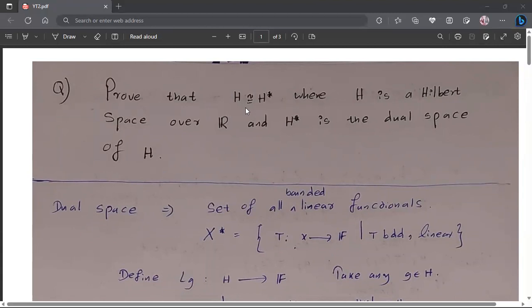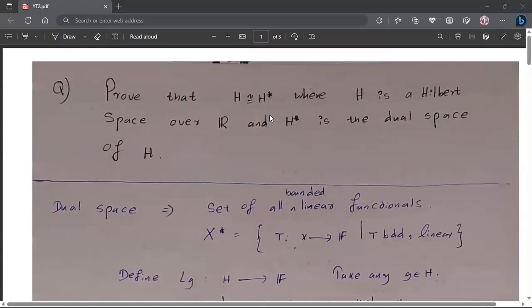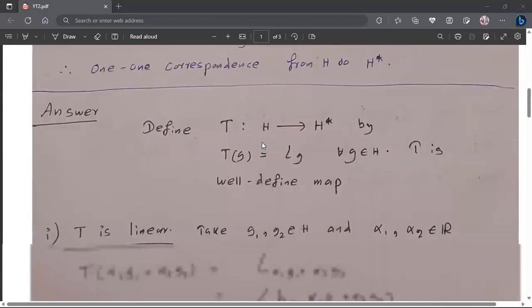So we have to find a function from H to its dual space H star which is bijective, linear, and an isometry. Here an isometry is a function which preserves distance. I will talk about that in a bit.